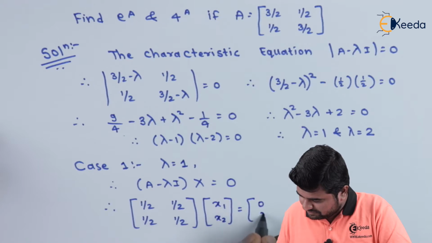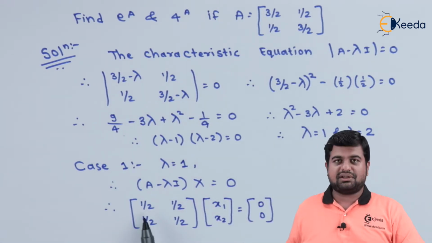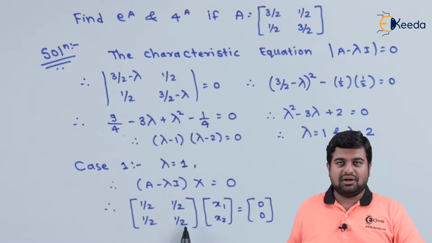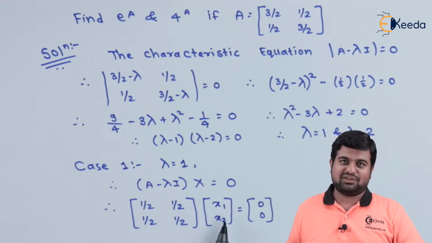So you can see 1 by 2, 1 by 2 as the first row, and the second row is also 1 by 2, 1 by 2. So I'm going to consider either of the rows, and I'm going to have only one equation out of the same.